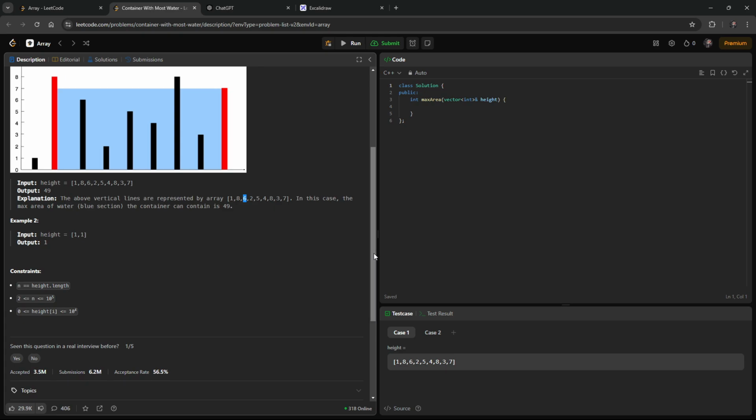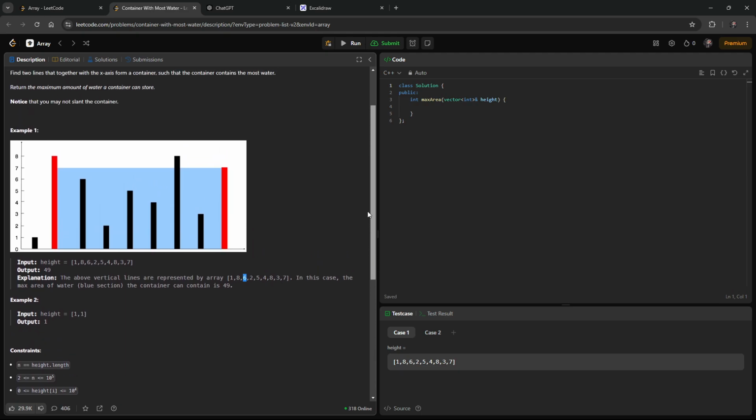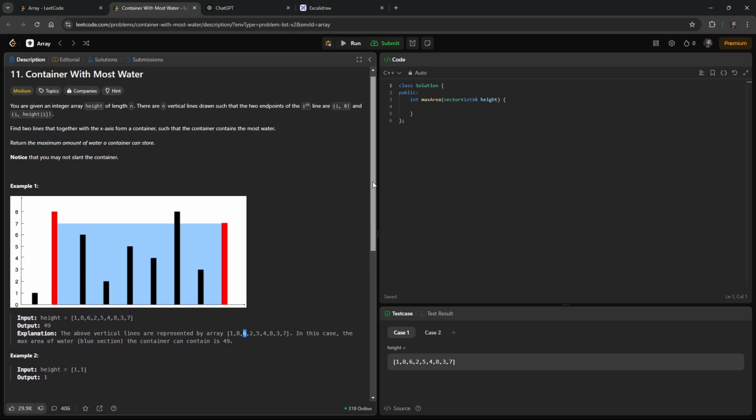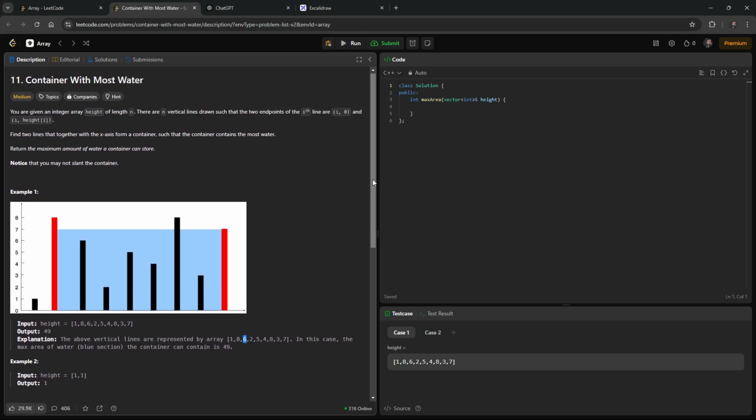Example 2: height equals 1, 1. Okay, this could be tough. Actually, it is tough.